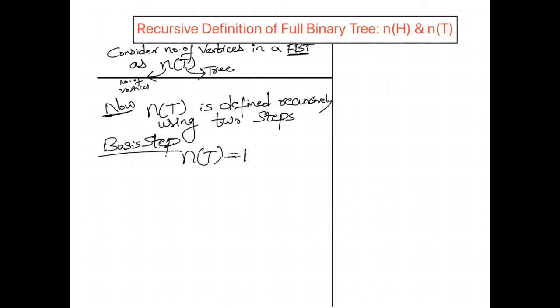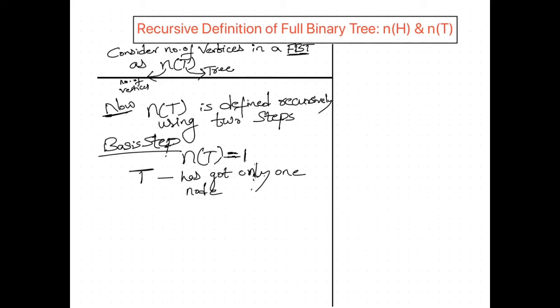Why am I writing 1? Because in basis step, my full binary tree has only one node.